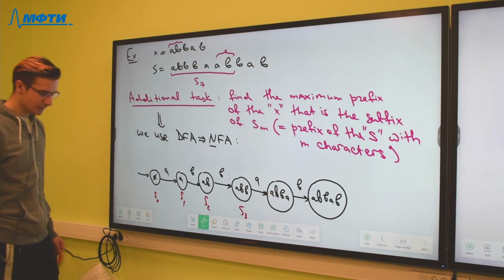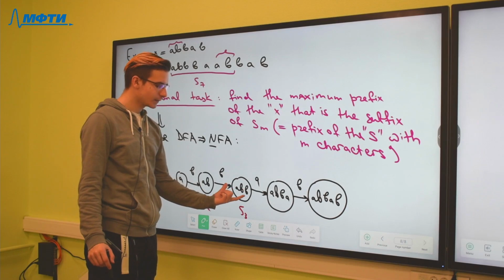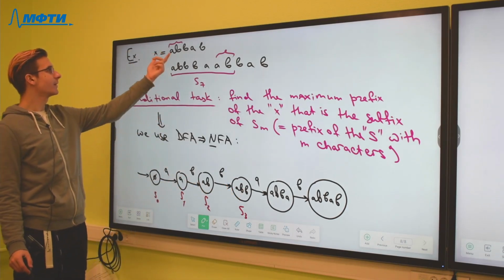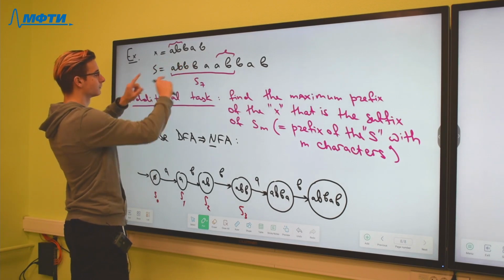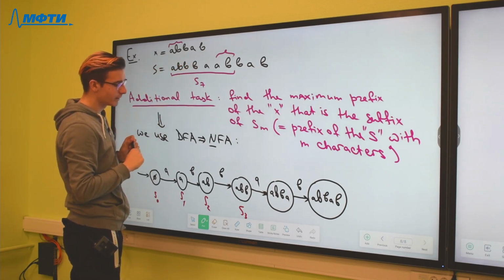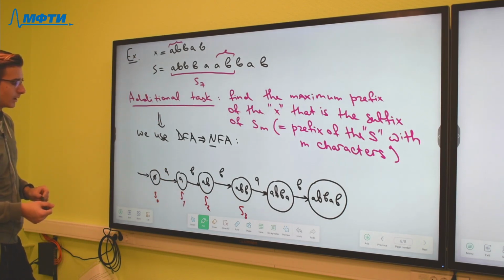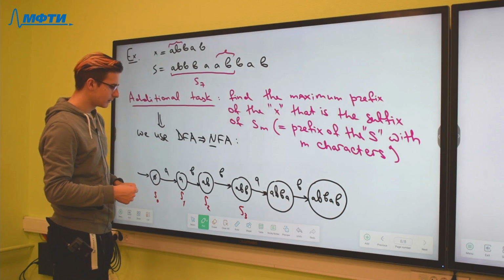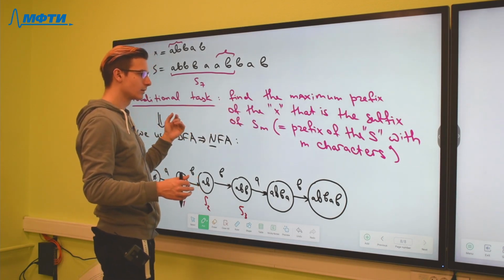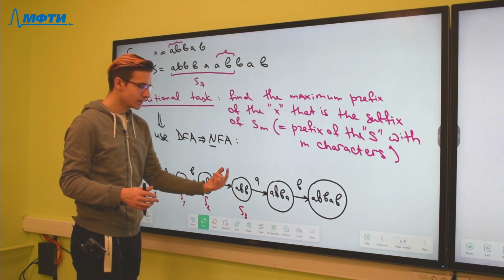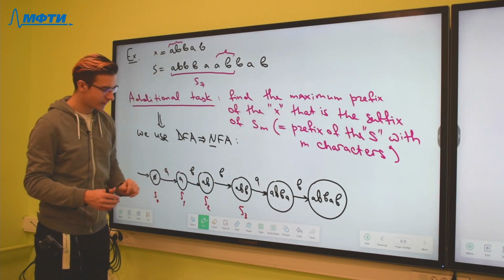To understand it, we can find the maximum suffix of this word that is equal to some prefix of x, because if we cannot find a prefix of x equal to a and then 3 characters b, then it means that the maximum prefix of the x is less than this prefix.